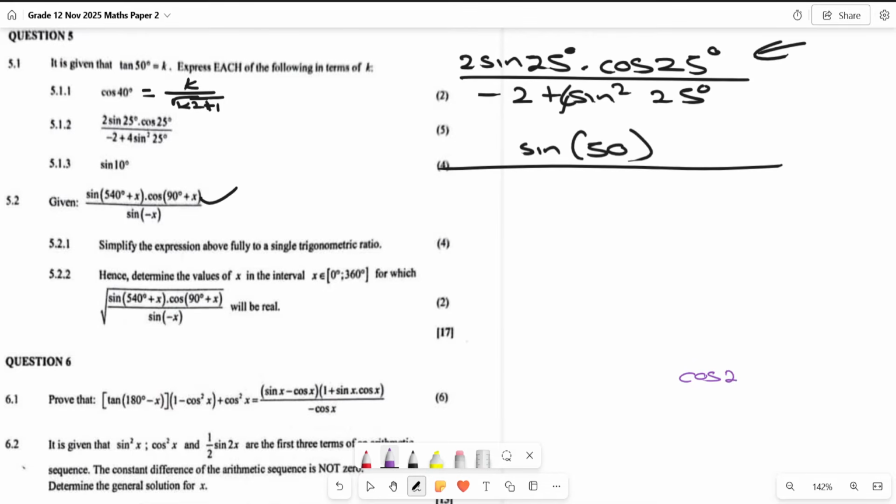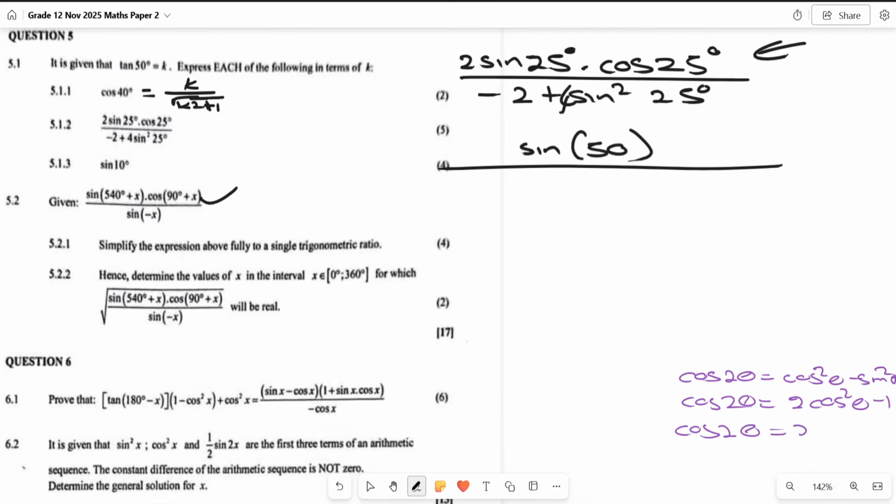Cos 2 theta is equal to cos squared theta minus sine squared theta. And then the other one, cos 2 theta is equal to 2 cos squared theta minus 1, and then cos 2 theta is equal to 1 minus 2 sine squared theta. This is the one we are going to use, guys, the bottom one.